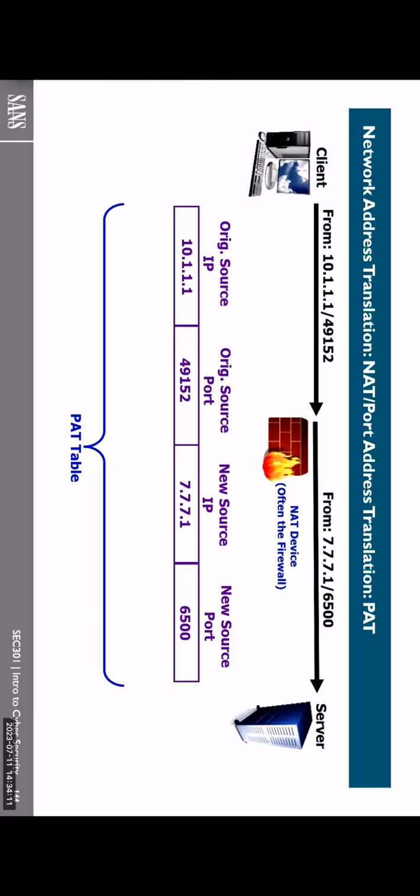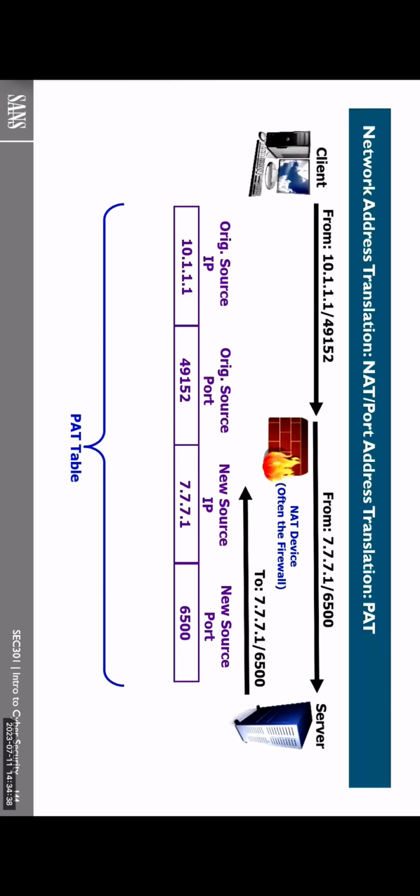So now, when that server responds, it responds back to the firewall's public-facing IP address, which is routable on the internet, at port 6500. When we receive this packet from the server, the firewall says, oh, 6500, that was for Doc at his IP address and his port number.